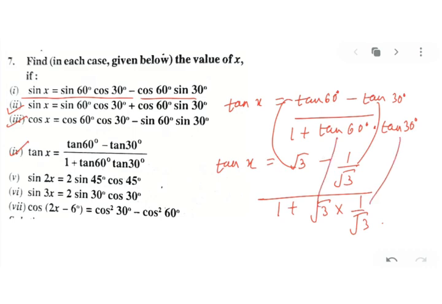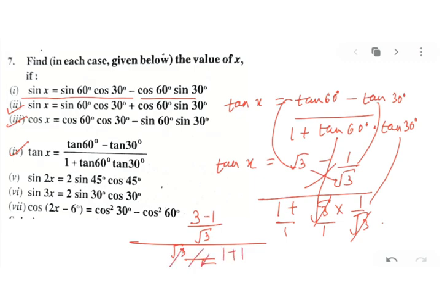So I got above, when I take LCM, I'll get 3 minus 1 upon root 3 upon, for this also I'll take LCM. So down will be root 3 and above will be root 3, plus, I'm so sorry, it's a multiplication here. So root 3 is cut. So down I'll get 1 plus 1, that is 2.